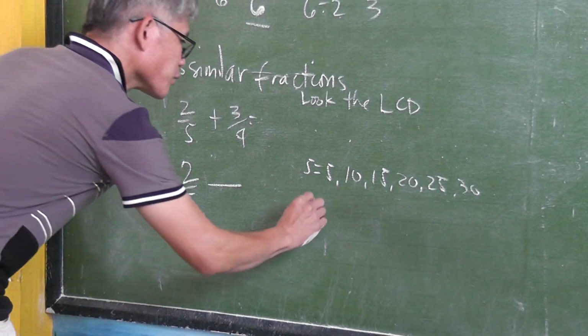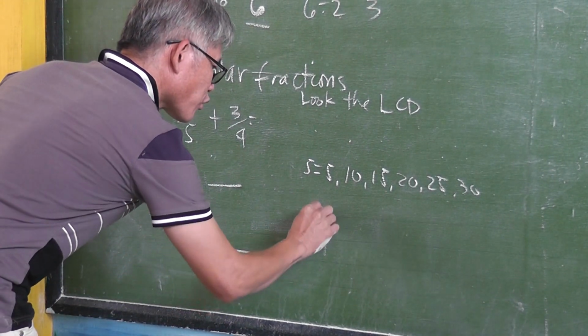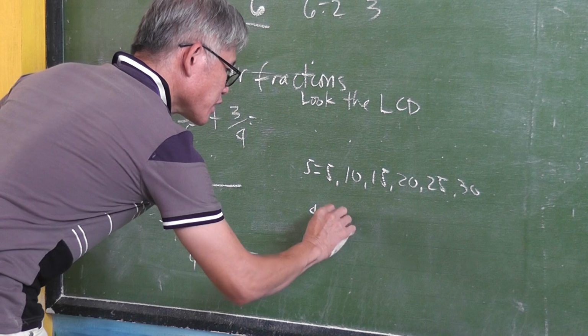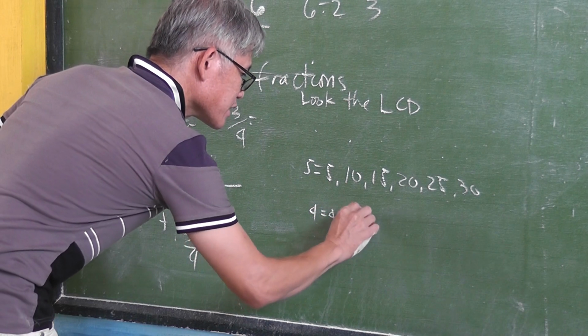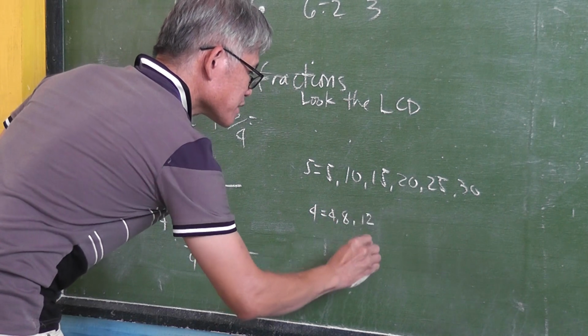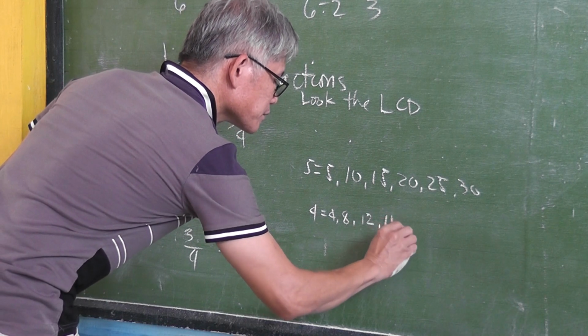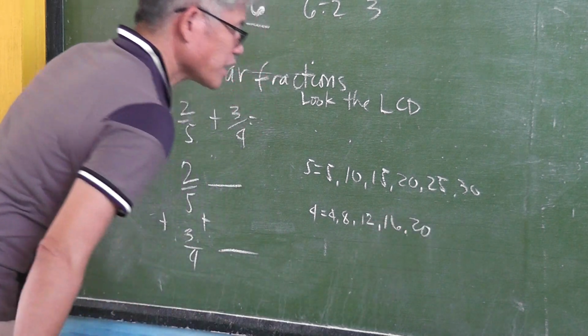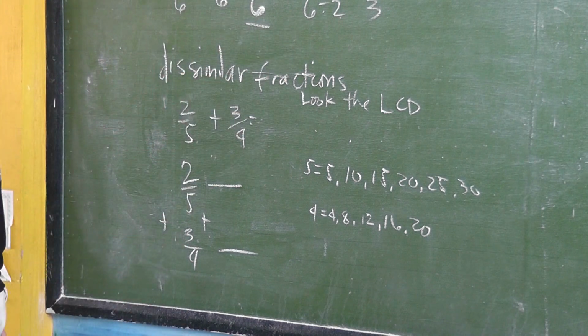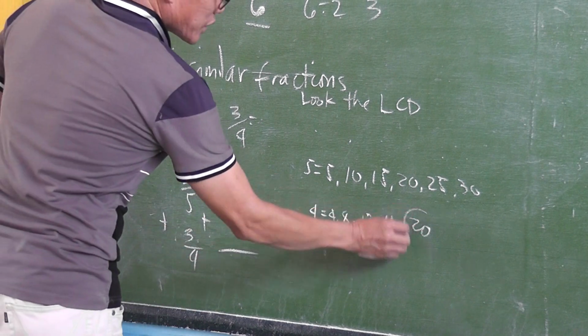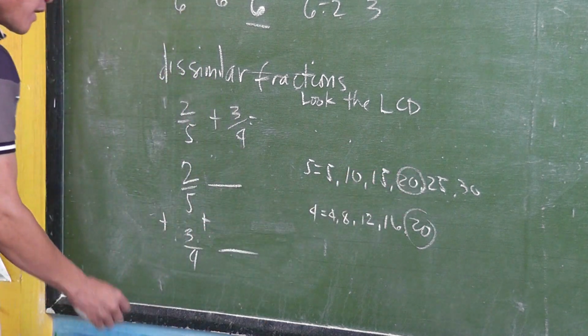Then in 4, we have 4 times 1 is 4, then 8, 12, 16. We will not go further because they have met. The first number that they meet is their least common multiple. We have here 20.